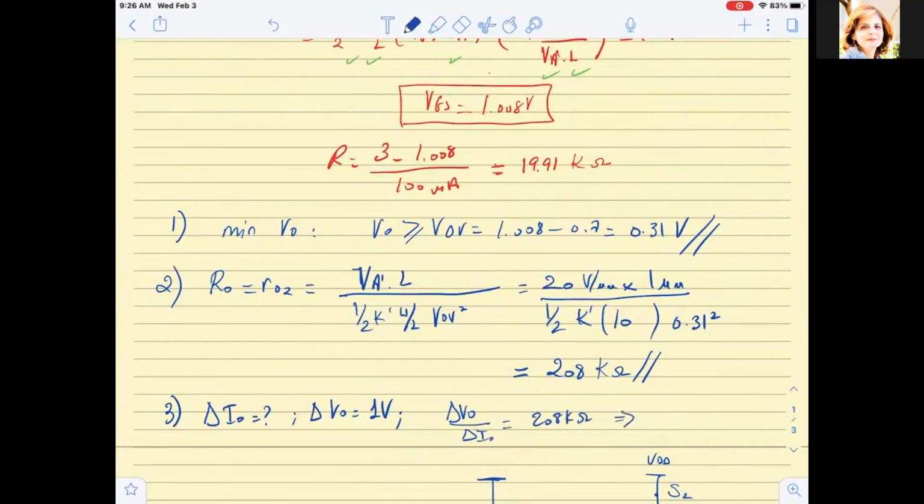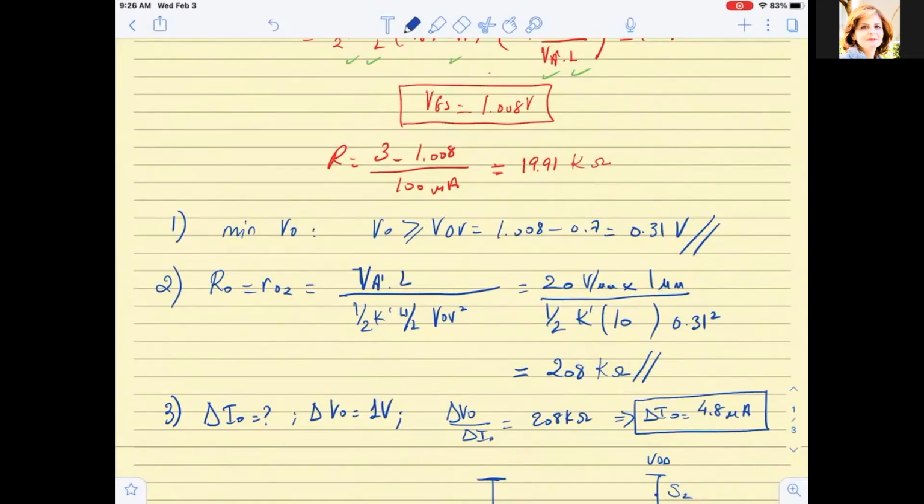This implies that delta IO is equal to delta VO over 208, and this gives me that delta IO is equal to 4.8 microamps. So this means the 100 microamps is going to drop by 4.8 microamps if I move away, for example, from VO being exactly at VGS.